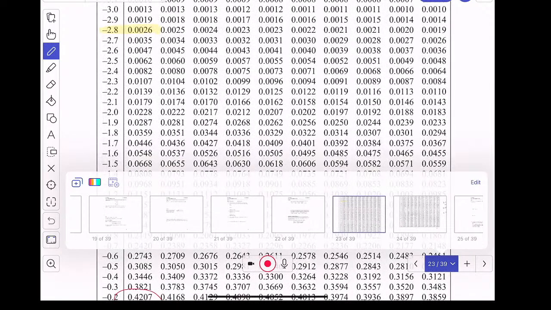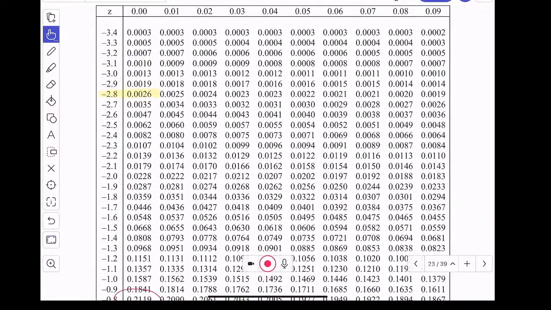So if you looked at 0.0100, the better answer is this one. This is closest to 0.0100, so we pick that, negative 2.33.